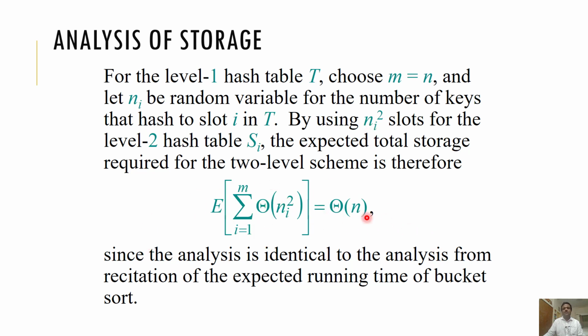So the total is order of n. This proof is the same as the bucket sort time complexity analysis. In bucket sort, we used this proof to show that if n_i keys are colliding in the ith bucket, then the summation of n_i squared is order of n. So this is also order of n.